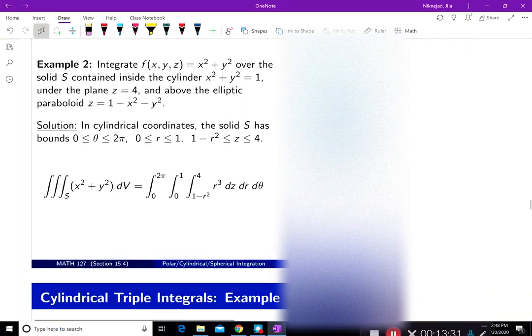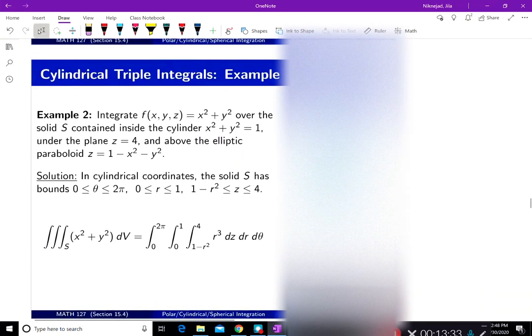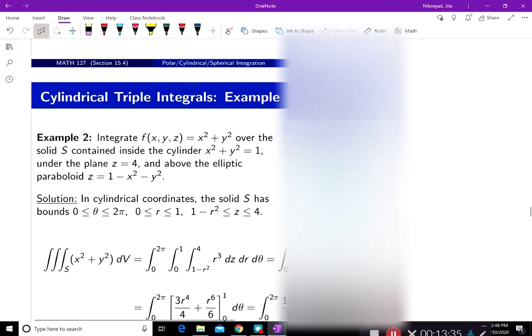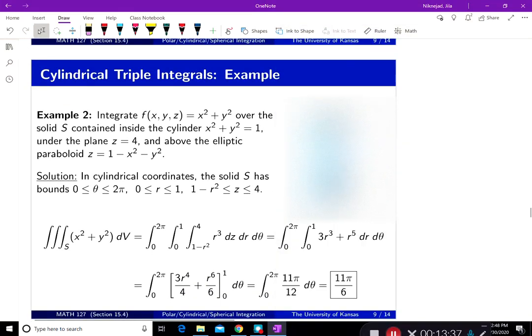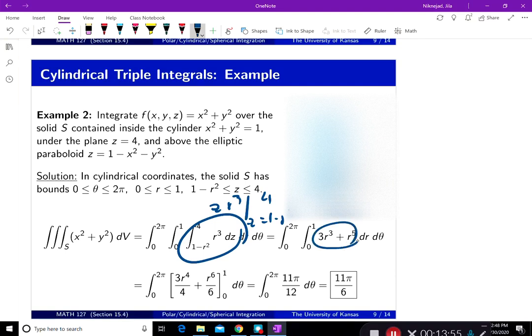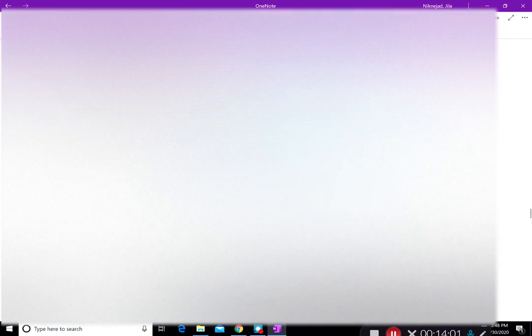So you set it up and then you solve. When you're solving over here, the inside would be z r to the third and z times 1 minus r squared to 4, and then you plug it in and you solve, and you integrate again, and that's the final answer.